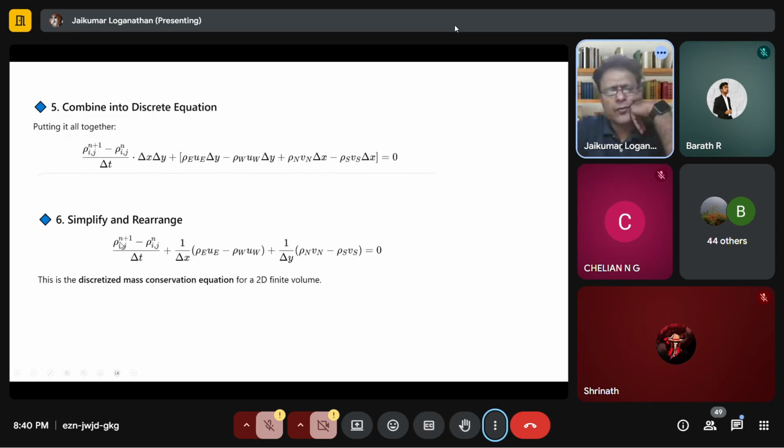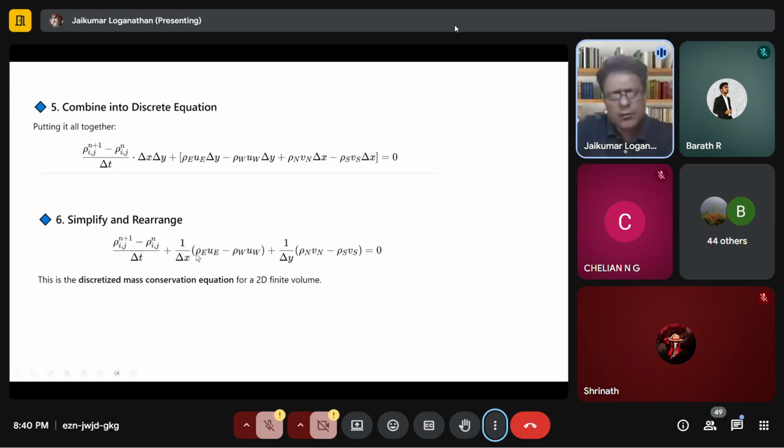And if you just look at this equation, what we are interested in is finding the density in the next time instant. Okay. And we know the value of everything, because whenever you're solving a CFD simulation, you will initialize with some value. So all the cells will have values as an initialization, and then slowly the solution will start to evolve from your boundary conditions.